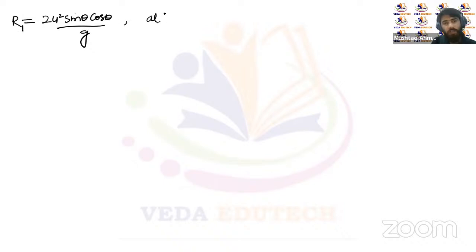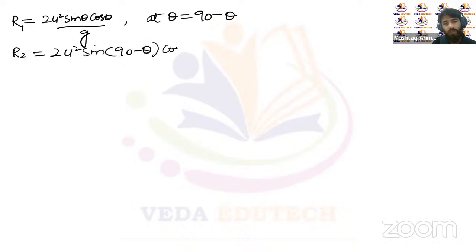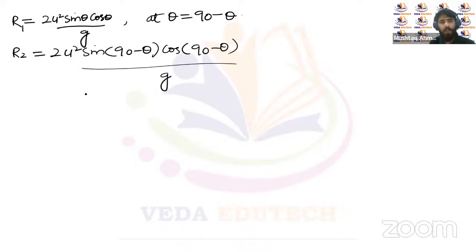Now at the angle 90 minus theta, R2 will be equal to 2u square sine of 90 minus theta and cos of 90 minus theta over g, right? And we know that sine 90 minus theta is cos theta, and cos 90 minus theta is equal to sine theta, right?